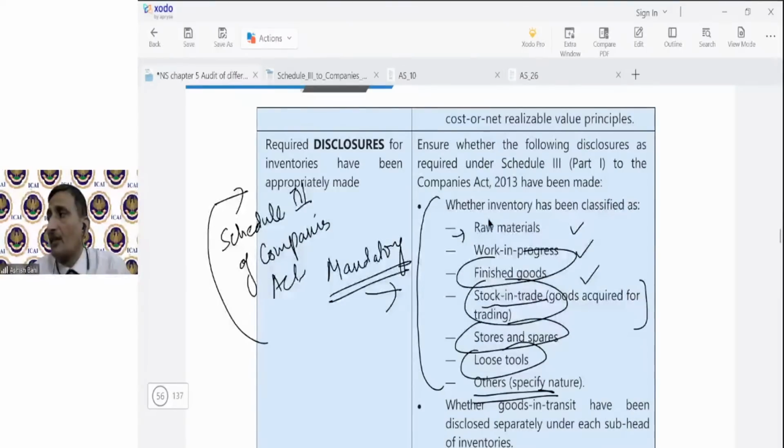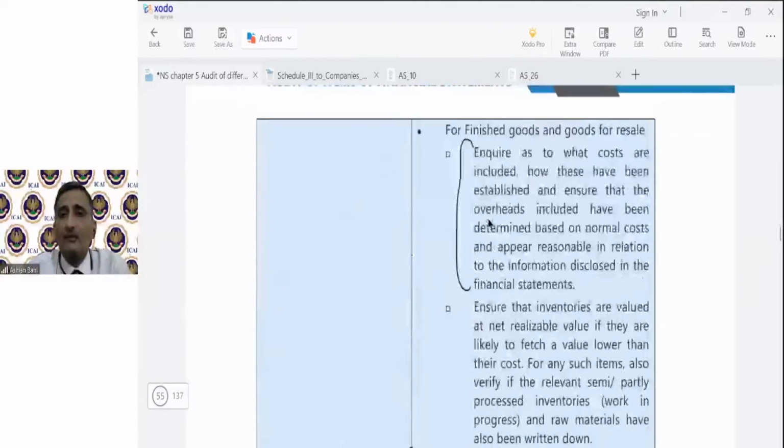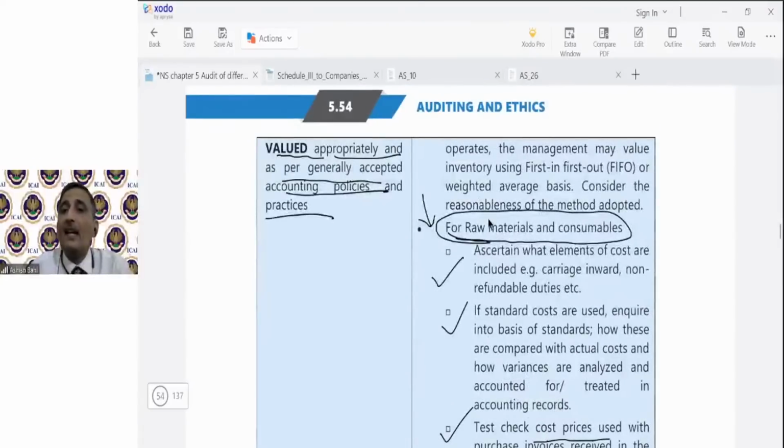Yes, Gaurav, consumable items are also items of stock. These are included in raw material and consumables. Like in valuation also, just now, what we had done is raw material and consumables. So consumables are just like raw materials.